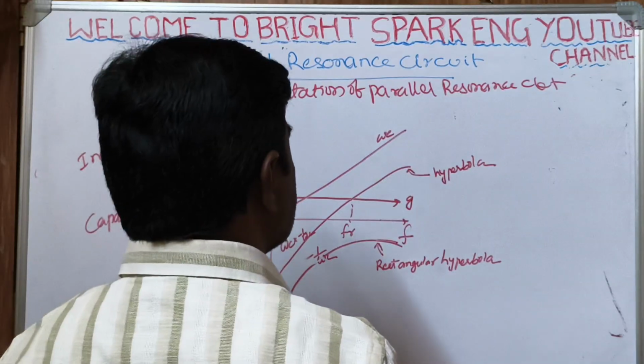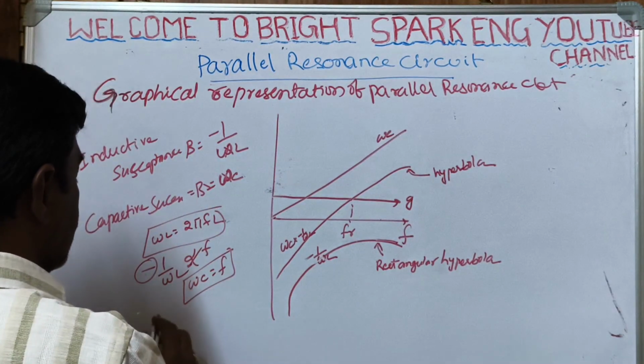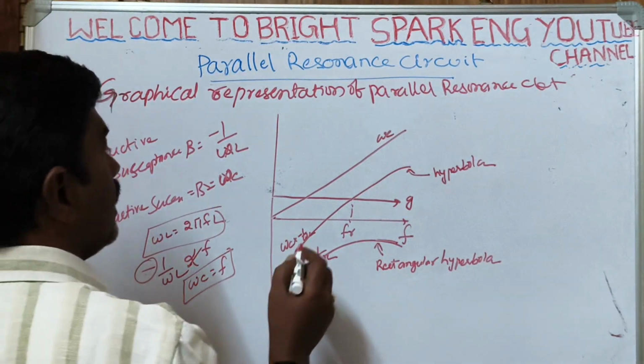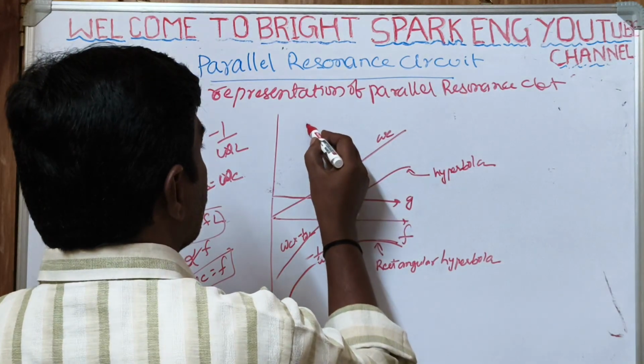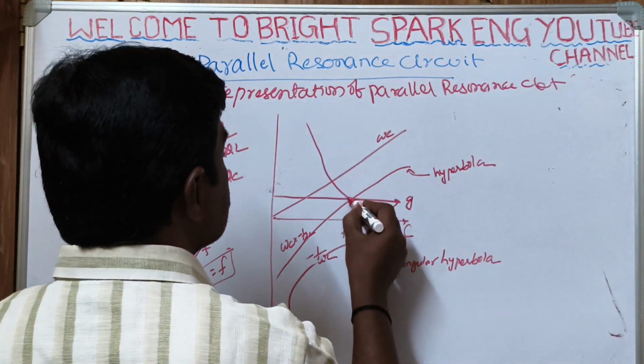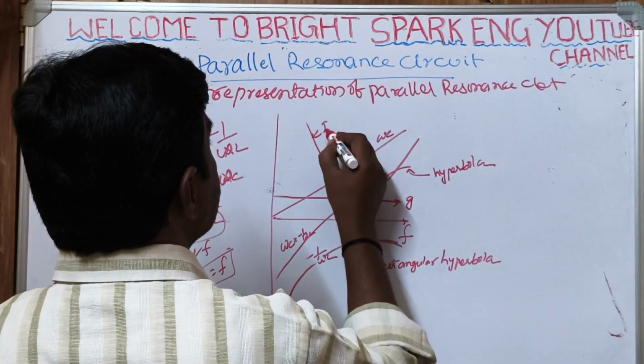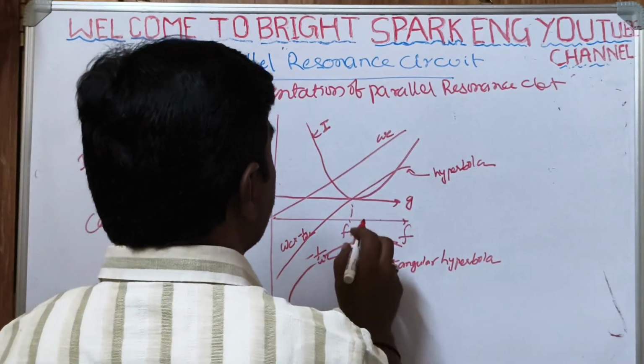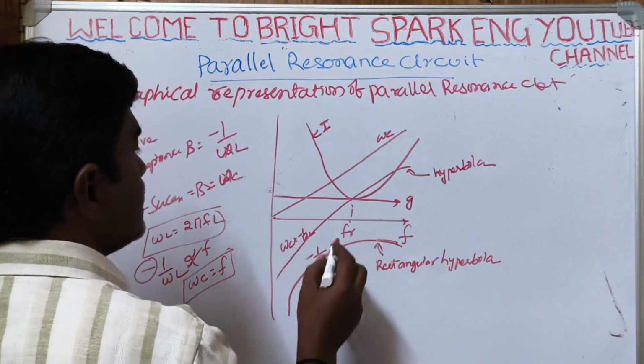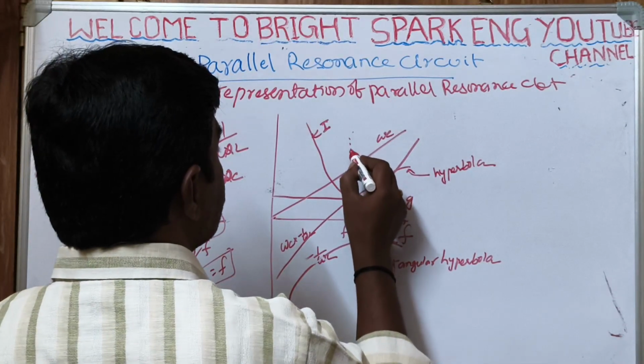In a parallel circuit, current is minimum at resonance frequency condition. Okay, this is the resonance frequency condition.